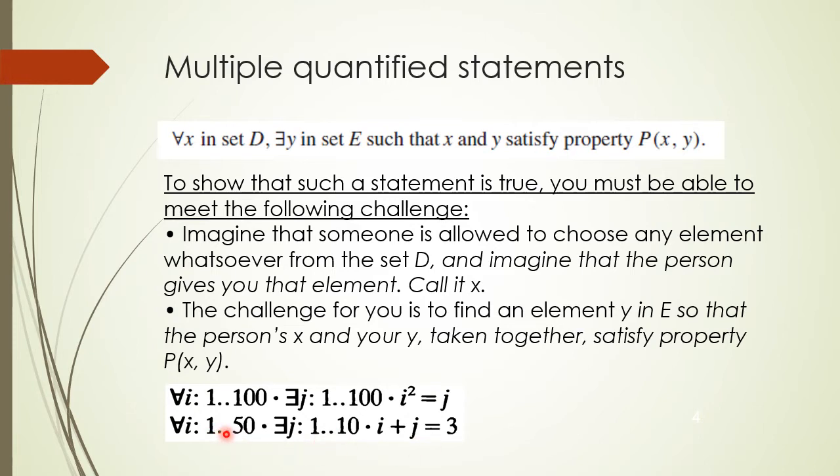Then 3 would come, but you cannot find any element because 3 plus 1 would be 4, and you cannot find any element in the second domain for 3. Therefore, again, this multiple quantified statement is false.